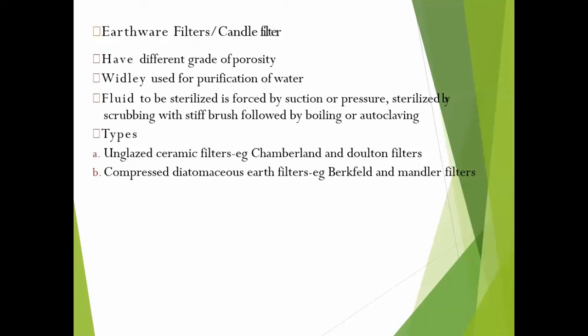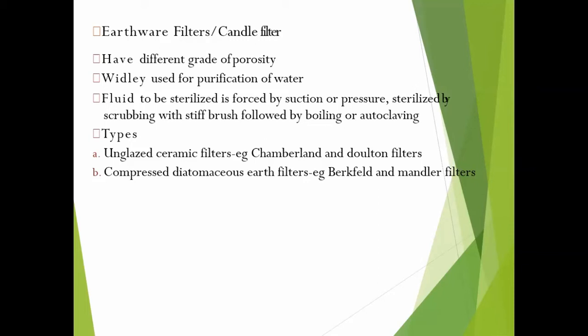Now, the candle filters have different grades of porosity and are widely used for purification of water. The fluid to be sterilized is forced by suction or pressure. They are sterilized by scrubbing with a stiff brush followed by boiling or autoclaving.